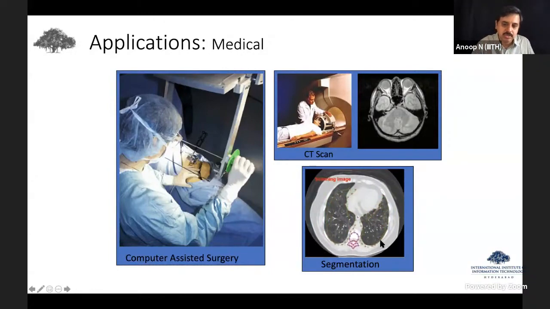The two black regions are the two lungs, and the question is, can you find the boundary of the lungs so that you can measure the lung capacity? If you can do this automatically, you can objectively measure lung capacity over a period of time and see how the patient is responding to certain treatments or exercise.